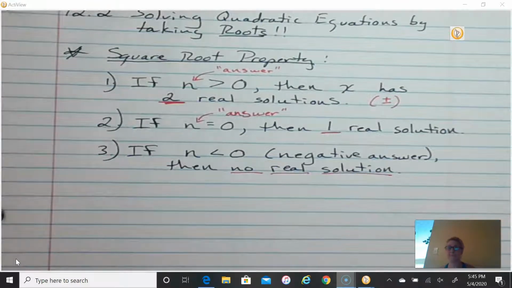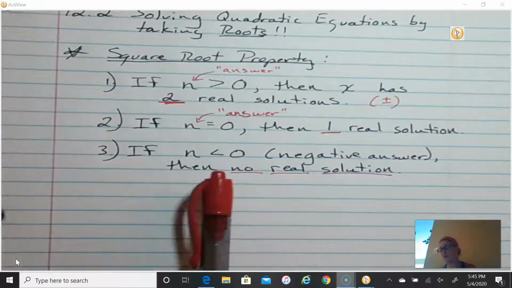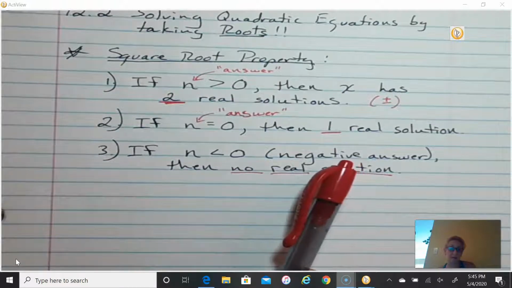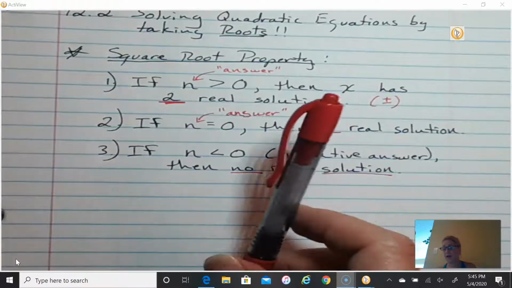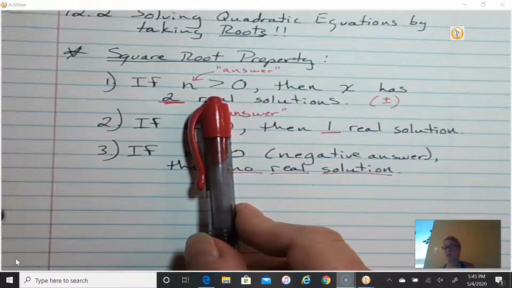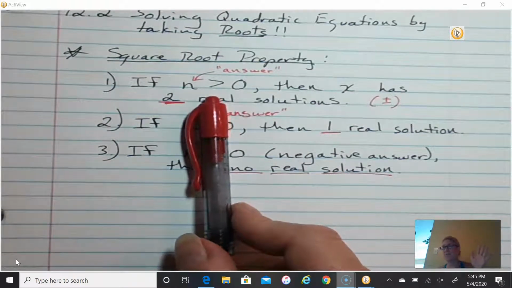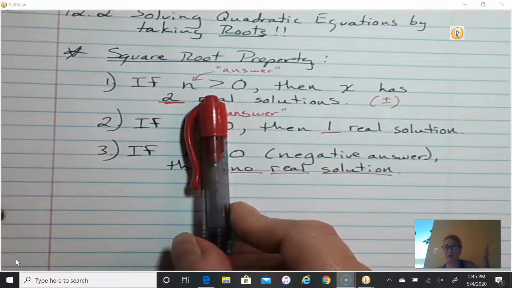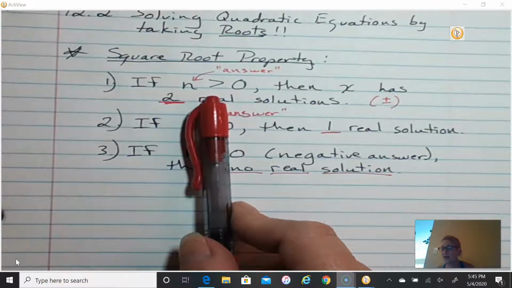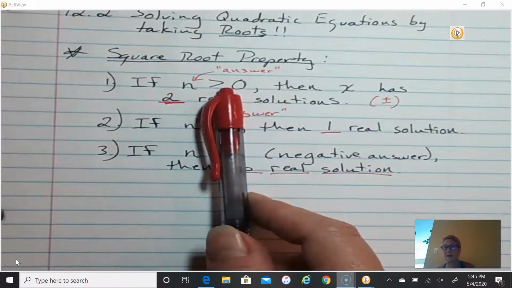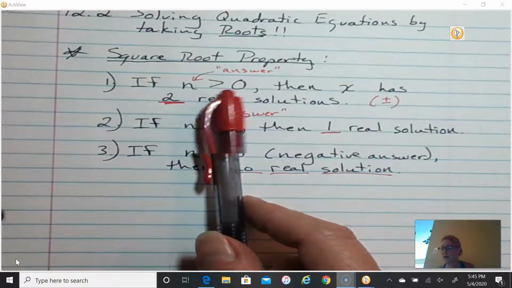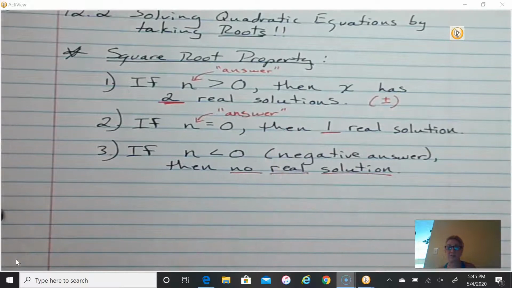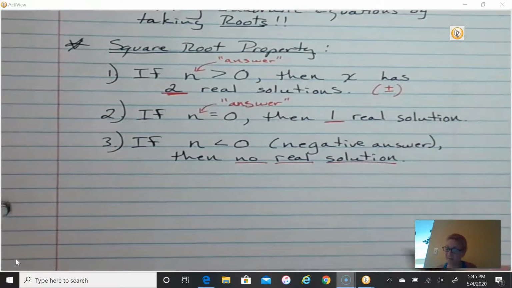So if the answer is less than 0, if it's a negative, then your answer is that there's no real solution. If it's greater than 0, even if it was 0.2, 0.16758, whatever, then x is going to have 2 real solutions, plus and minus.